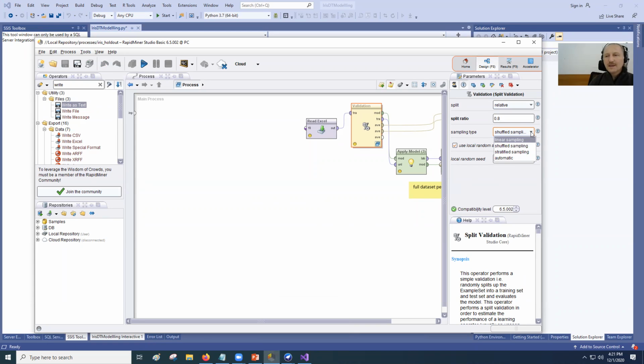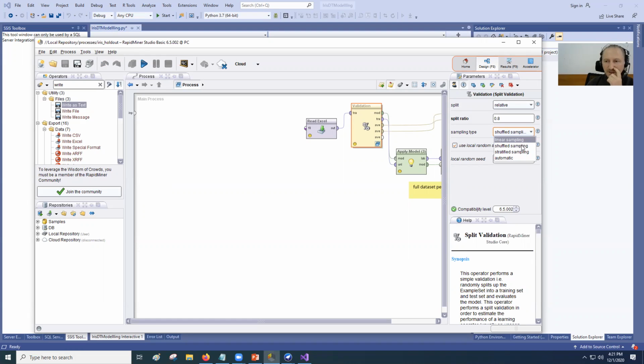For example, if you have 100 samples and you want to divide them 80%, the first 80 samples will be used for training and the last 20 samples will be used for testing. This type of linear sampling is important for time series forecasting. For time series forecasting, it is meaningful.